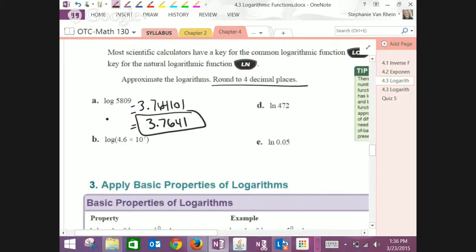But it's between 3 and 4, right? Because we have 1,000 and 10,000. And we'll get to more of what makes sense there later on, but right now it's just plugging in your calculator.